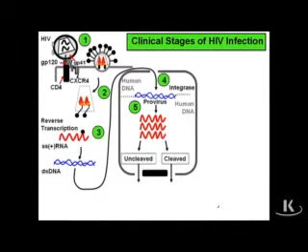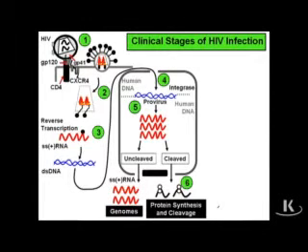Some of the RNAs that you make are going to be cleaved, some are going to be uncleaved. The uncleaved RNAs are going to be used as viral genome, whereas the cleaved RNAs are going to be used for protein production. So uncleaved, we have the genome, again positive stranded RNA.